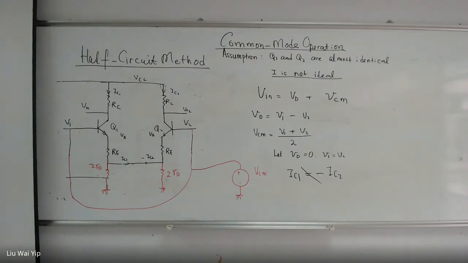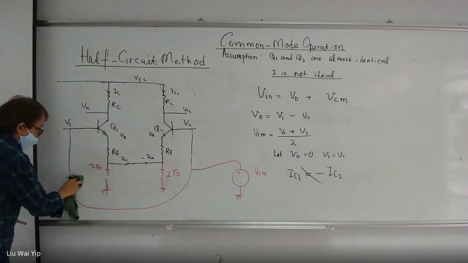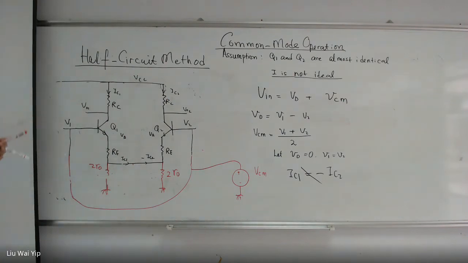So you manage to split this circuit. We are now ready to split this circuit because you have already done some arrangement. So we are going to split this in two halves, okay?